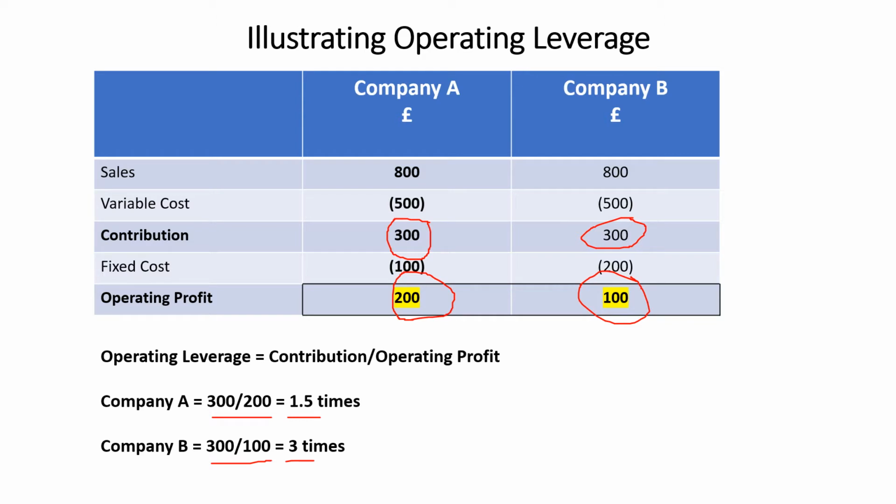However, how does that work in practice, and how do we see the downside to having higher fixed costs in a company? To be able to answer this question, we will assume that both companies experience a fall in sales of 10%.